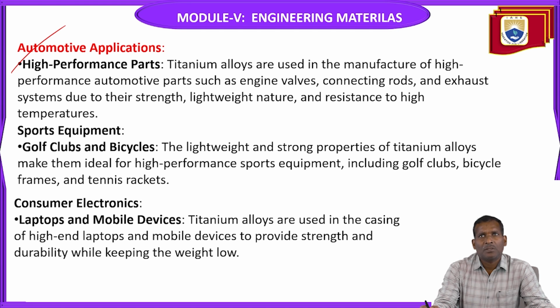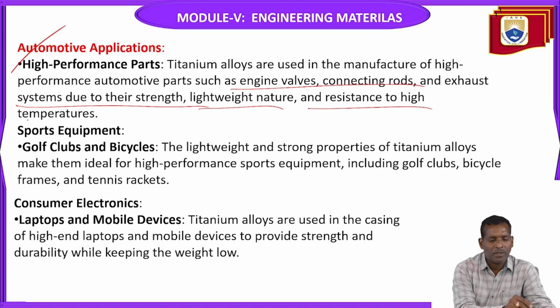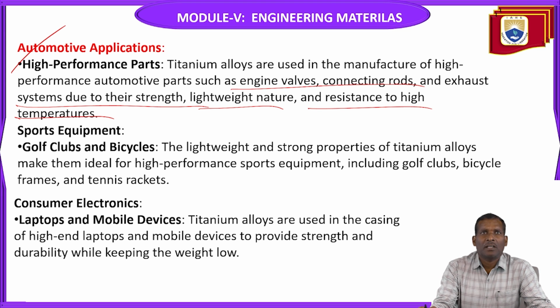Whereas in automotive applications, high performance parts: titanium alloys are used in the manufacture of high performance automotive parts, so engine valves, connecting rods, and exhaust systems due to their strength, lightweight nature, and resistance to high temperature. So, high performance wherever required, like our automotive parts, engines. In an engine, having many parts like cylinder, engine valves, connecting rod, crankshaft, piston, and exhaust system mufflers.